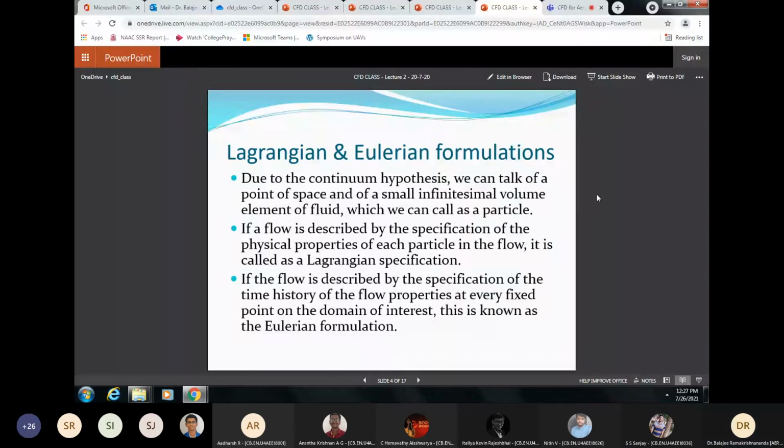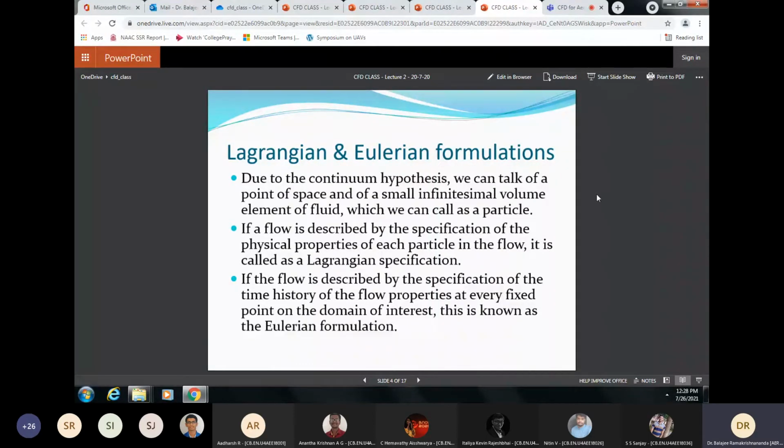On the other hand, if the flow is described as specification of the time history of the flow properties at every fixed point in the domain of interest, that is, we have a volume. Now this volume is fixed in space. Fluid is entering the volume and leaving the volume.